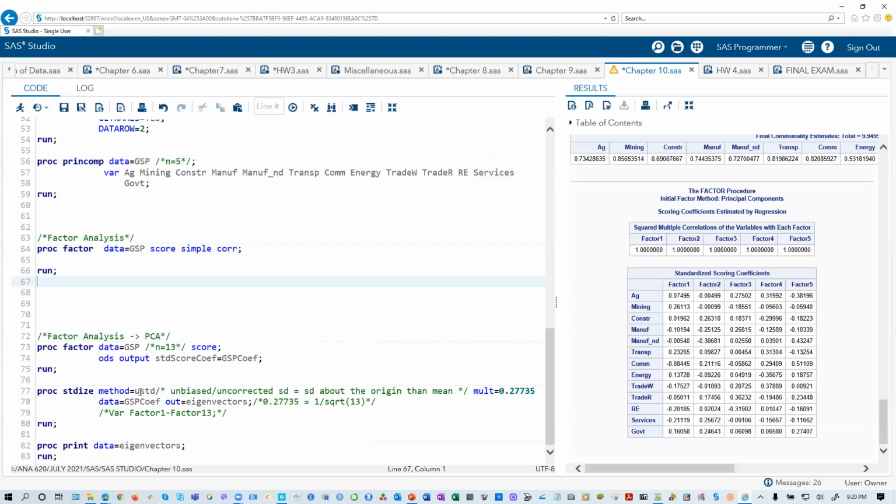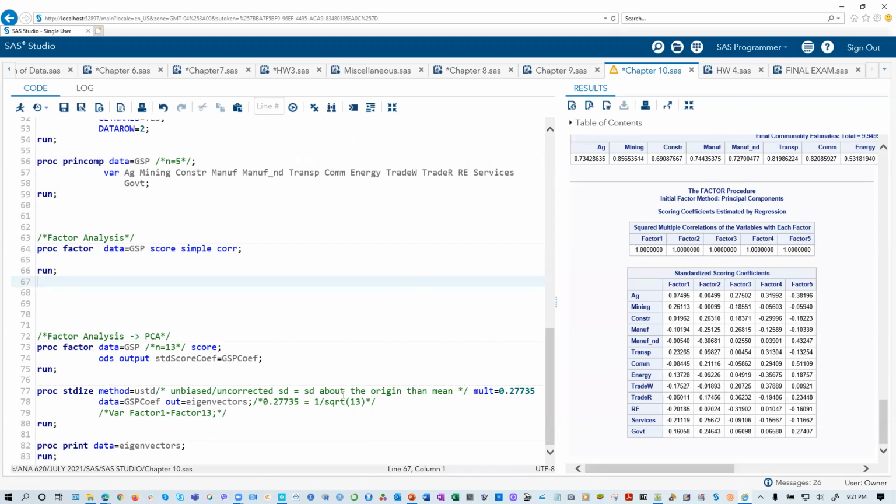if you go to the method of the unbiased standard deviation, that means when you're going to calculate the standard deviation, you're not going to get the standard deviation with respect to the mean. You're going to get the standard deviation with respect to the origin. That's why they call it unbiased. Unbiased standard deviation. Okay.